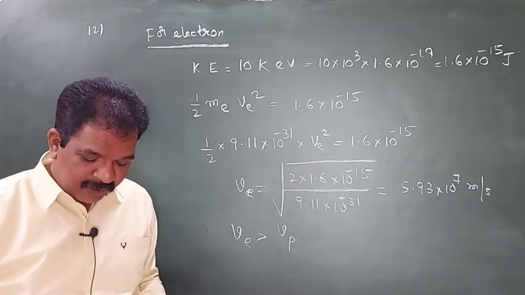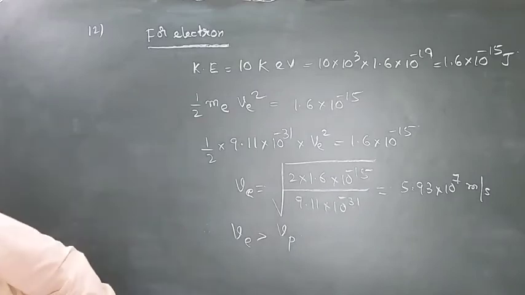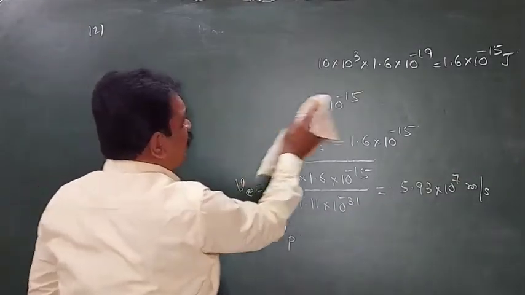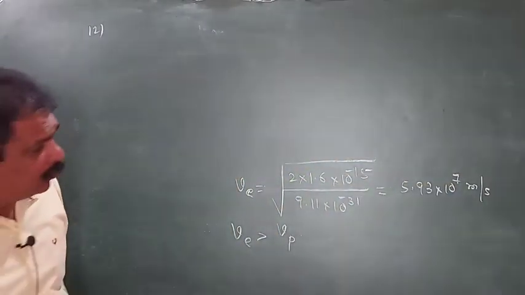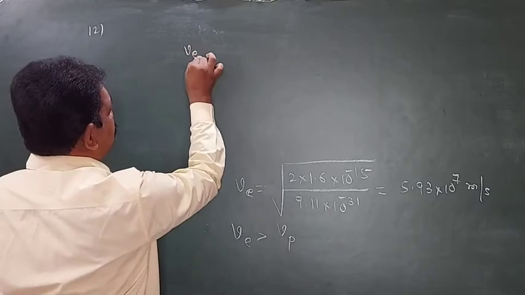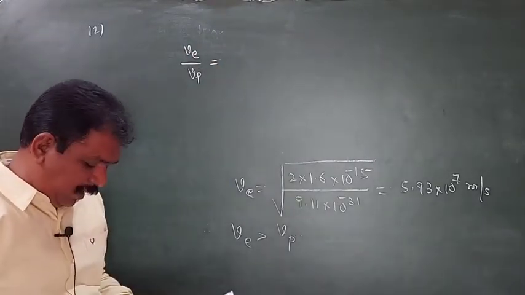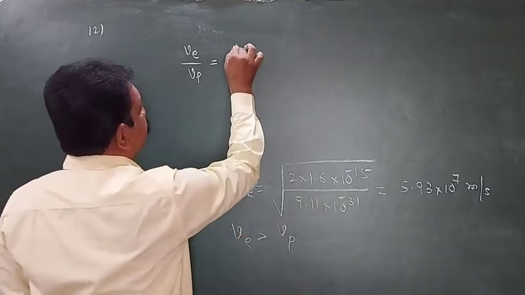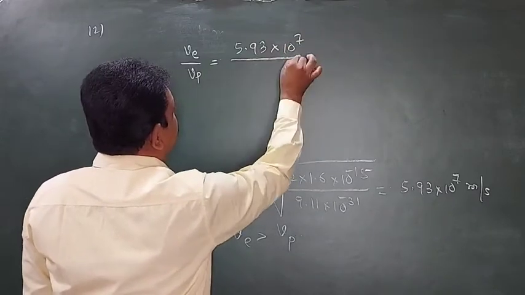One more question they asked: find the ratio of the velocities. So this is V_e by V_p. V_e value is 5.93 into 10 power 7.